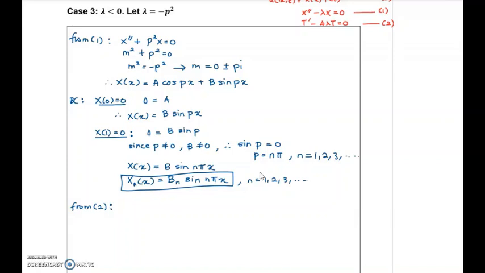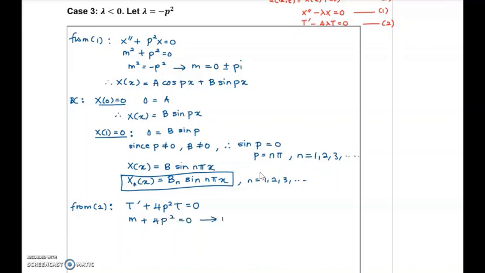Again, when lambda equals negative p squared, equation 2 becomes T prime plus 4 p squared T equals 0. Here we can consider this as a homogeneous equation, which only involves the first derivative. So the characteristic equation is m plus 4 p squared equals 0.